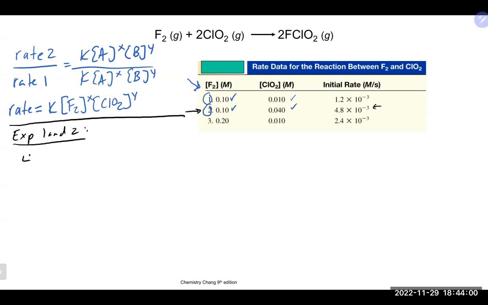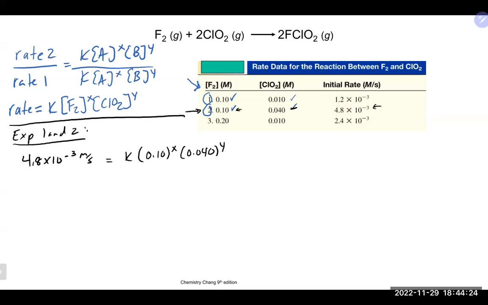So the rate is 4.8 times 10 to the minus 3 molar per second. That will equal K times the concentration of F2, which is 0.1 to the X, and for ClO2, 0.04 to the Y. So what I put up on top is all the information from entry number 2 in the table.